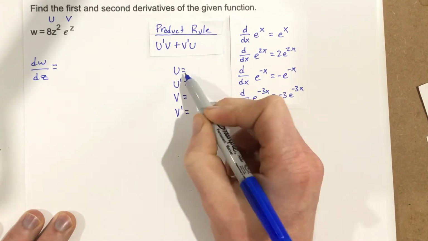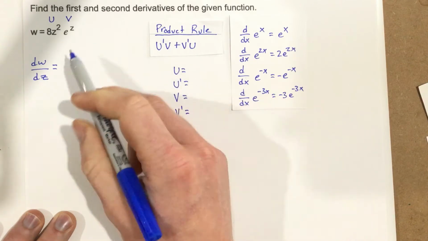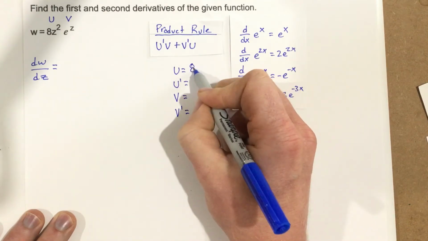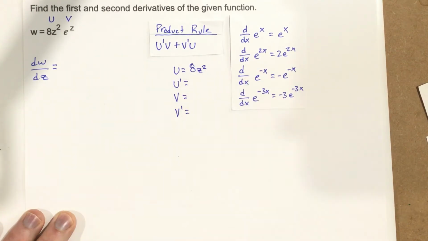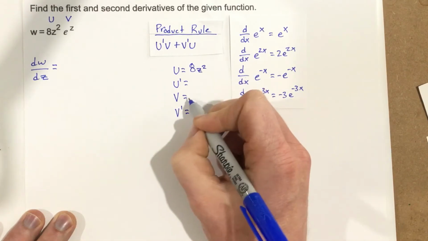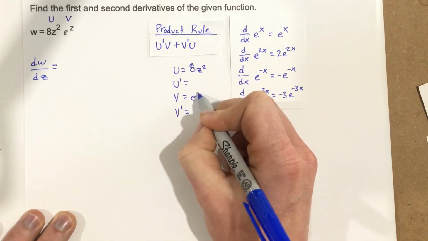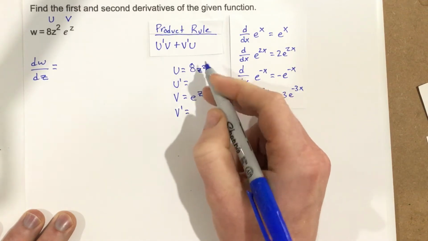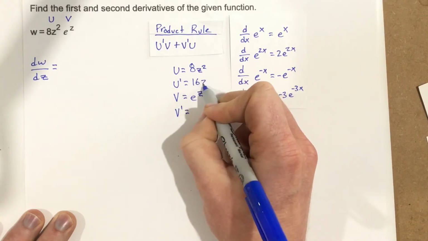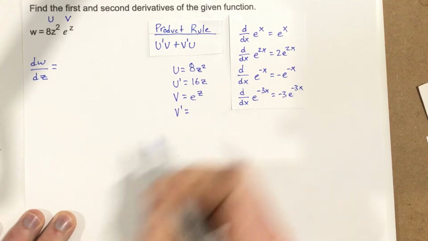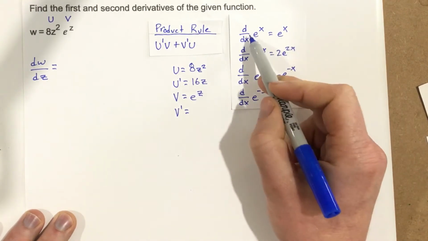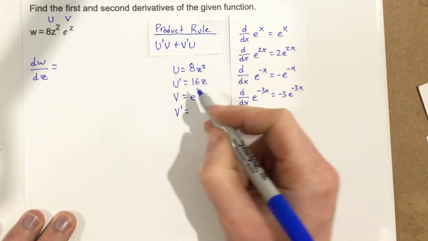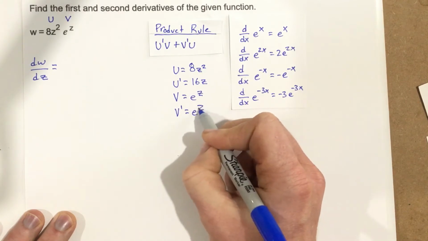So u is 8z squared. V is e to the z. When I take the derivative of this, I end up with 16z. When I take the derivative of e to the z, well, I know the derivative of e to the x is just e to the x, so this is just e to the z.